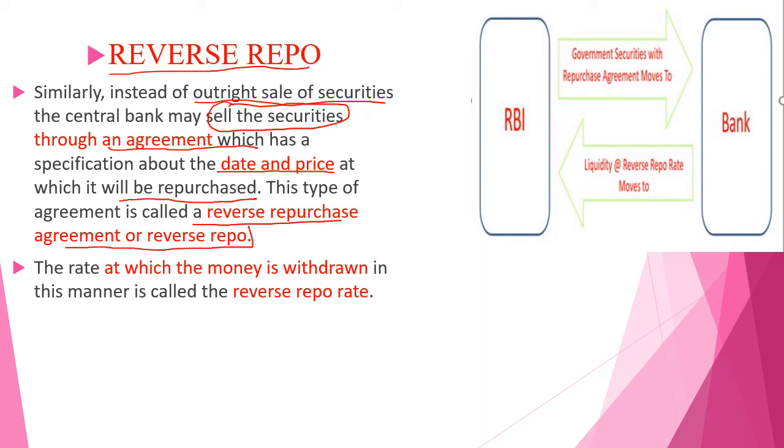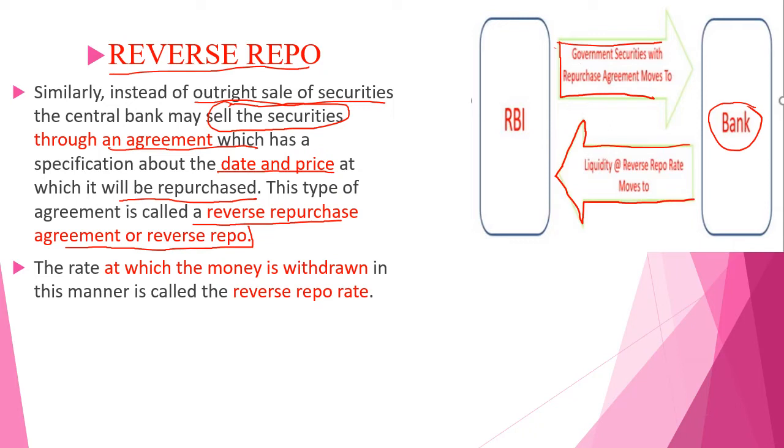In this case, the Reserve Bank of India is selling government securities. Look here: the Reserve Bank of India is selling government securities with a repurchase agreement to the commercial bank, and the commercial bank is giving money to the Reserve Bank of India. That is why it is written like that, liquidity at reverse repo rate.